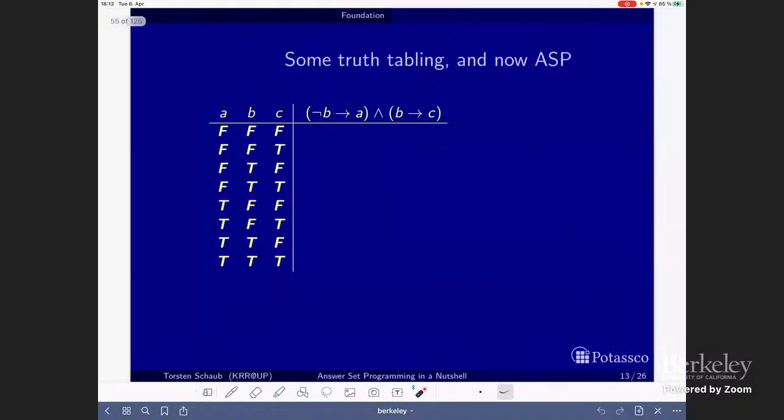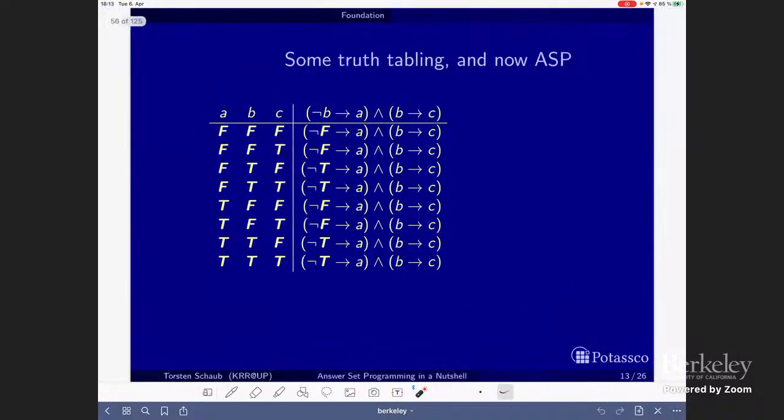So let's do the same thing in ASP now, truth table. What you do is you also put the truth values of the atoms into the formula, but only whenever something is preceded by a negation. So we see here B is the only subformula preceded explicitly by a negation. And again, this works nicely with normal logic programs.